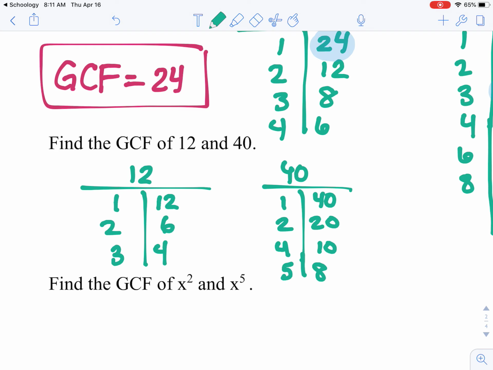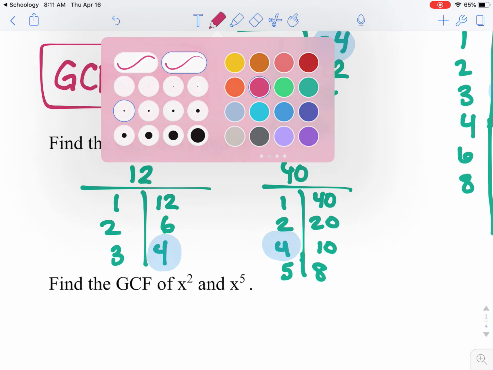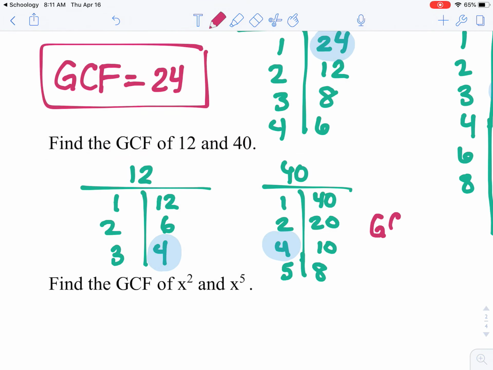Okay, and then we are looking for the largest number they have in common. So the largest number these two have in common is 4. So my GCF, greatest common factor, is 4.